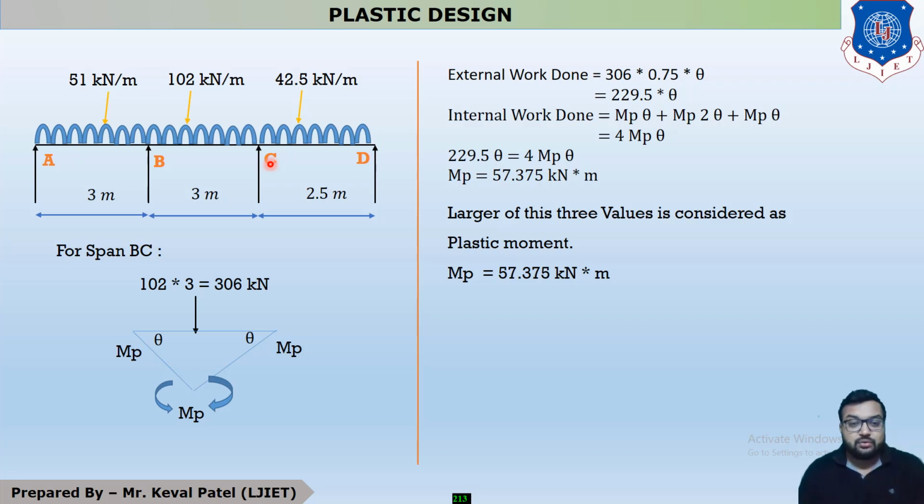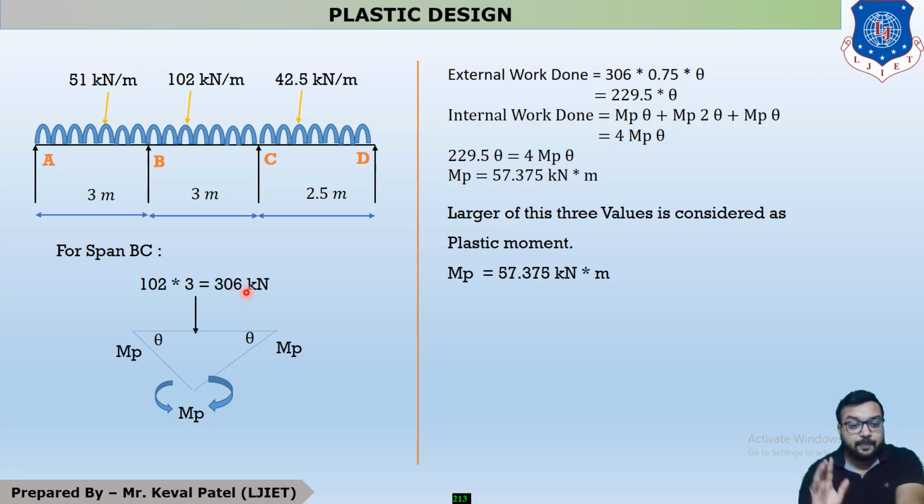If both supports take moment, you have to convert your UDL to a point load, which acts exactly at the center. So capital W is equal to small w into L, so it is 102 into 3, which is equal to 306 kilonewton, acting exactly at the center.